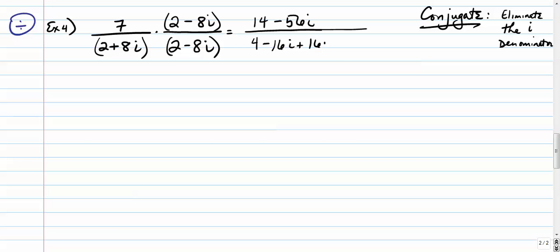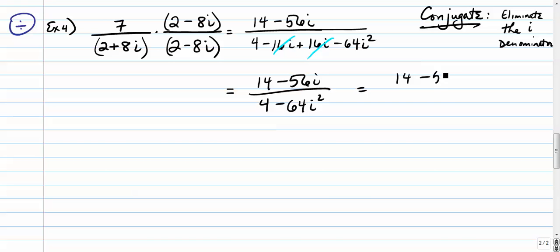Inside times inside is 16i. Last times last is negative 64i squared. The top can't be simplified anymore for right now. Down in the bottom, you'll notice that these cancel out. So it's 4 minus 64i squared.